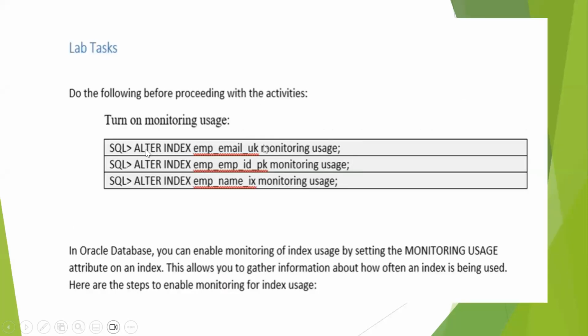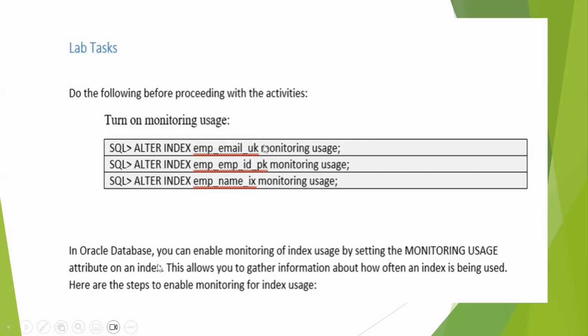You need to turn on the monitoring usage on three indexes: the order index, employee_email_UK, employee_id_PK, the primary key index, and employee_name_IX. You need to turn on monitoring usage for these three indexes before you start your activities.